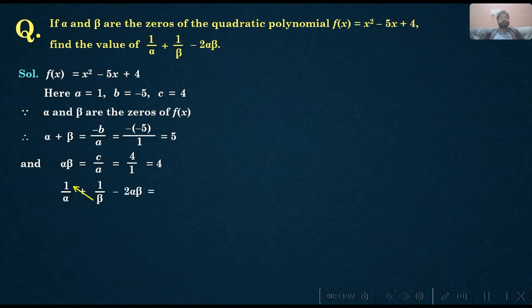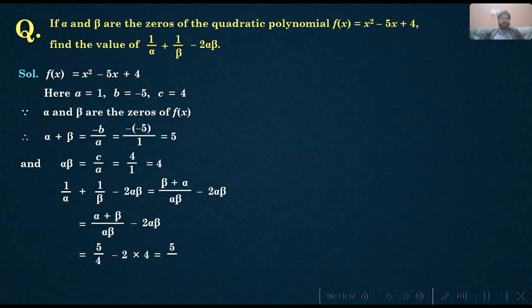So cross multiply, 1 multiplied by beta gives beta, 1 multiplied by alpha gives alpha, then below we multiply. So beta plus alpha upon alpha beta and minus 2 alpha beta. So beta plus alpha we can take as alpha plus beta upon alpha beta minus 2 alpha beta. Now putting the value of alpha plus beta and alpha beta, we will get 5 upon 4 minus 2 into 4.